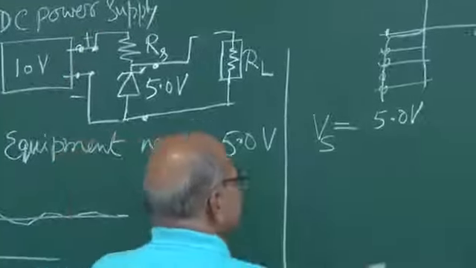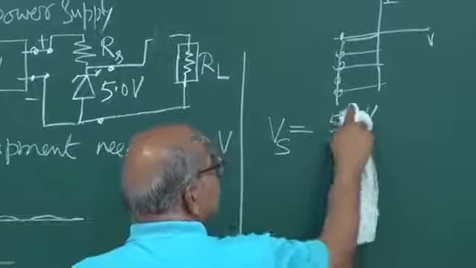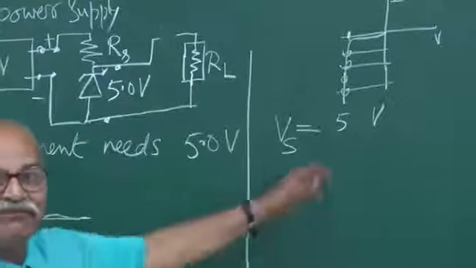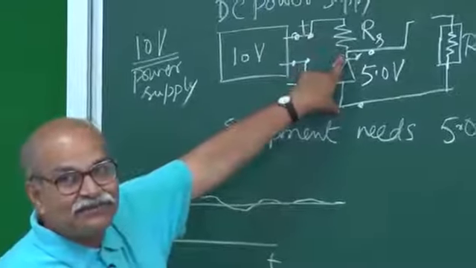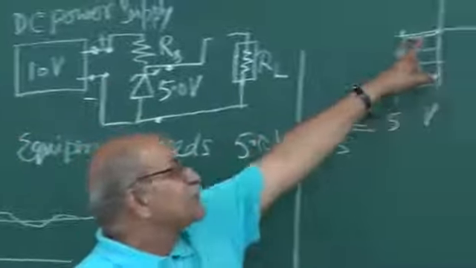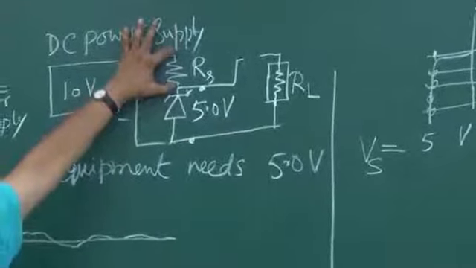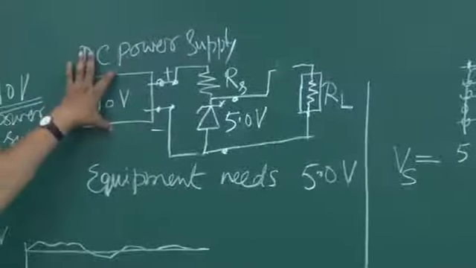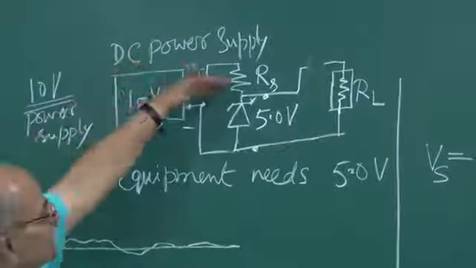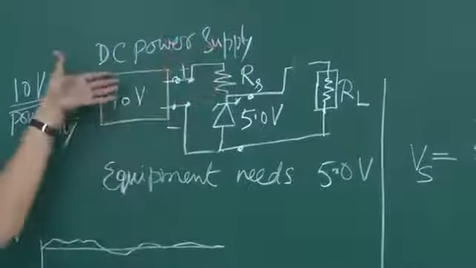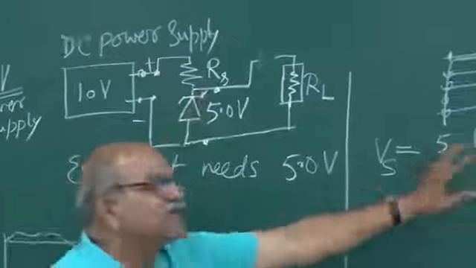Why not 5.0? Because the Zener voltage is fixed at 5.0, that comes from this characteristic. But this voltage fluctuates with the power supply. If the power supply goes to 10.1, this will go to 5.1. If the power supply goes to 9.9, this will go to 4.9. So I should not write 5.0 here.